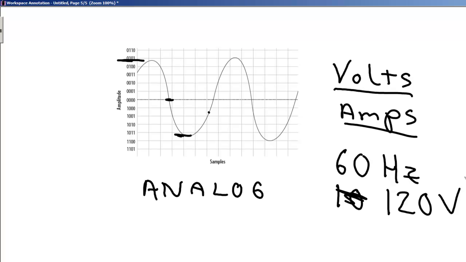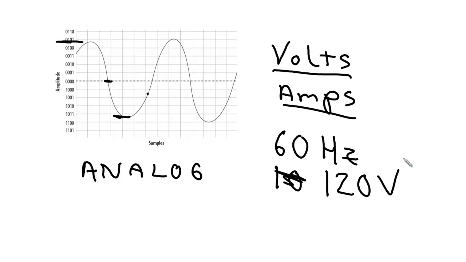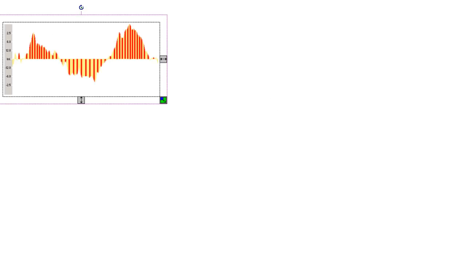So in the US, we typically work with 60 hertz, 120 volts. Some countries work with 50 hertz, 240 volts. So those things could be different, but the power supplied by your power company is typically where we see our analog waveforms first.